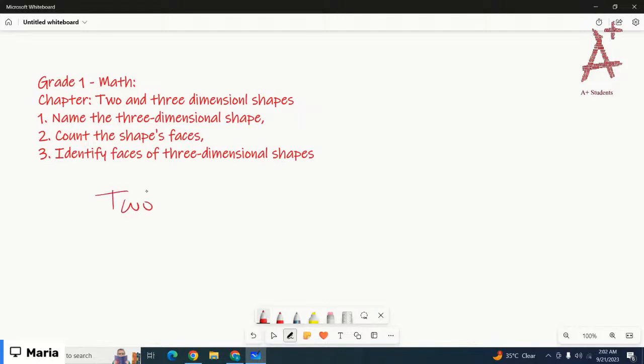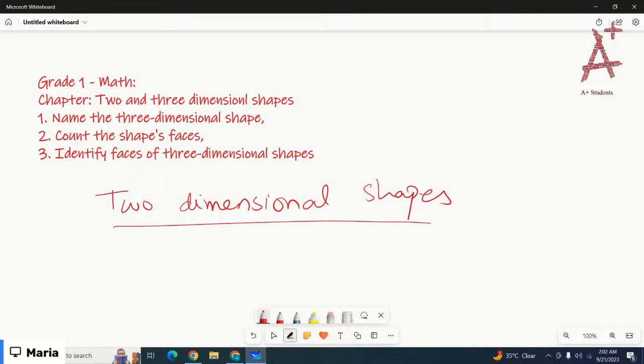Which is a two-dimensional shape? Just write the name of a two-dimensional shape. Just look at the name. That means the shape that has only two dimensions is a two-dimensional shape, right?